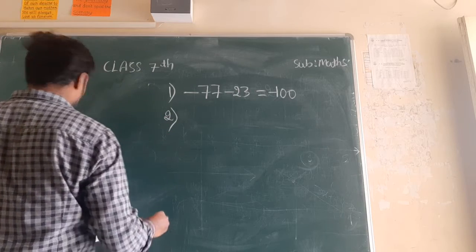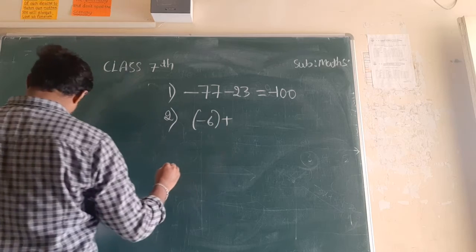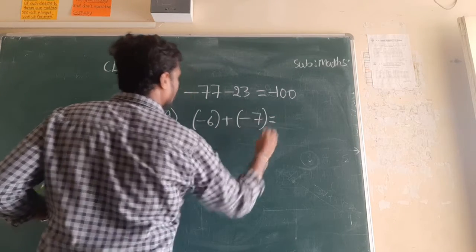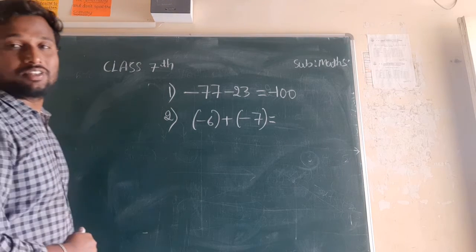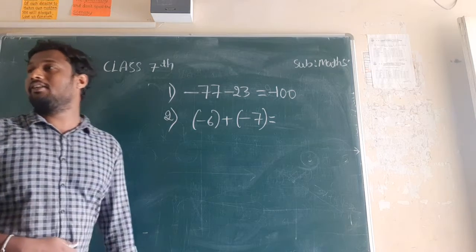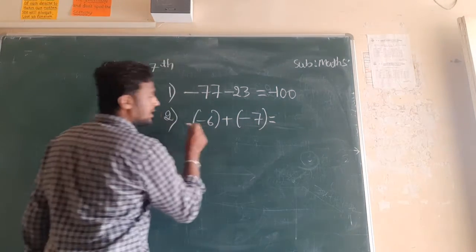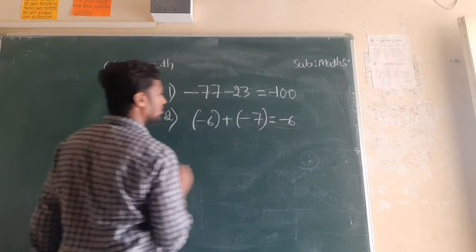from your textbook. Minus 6 plus into bracket minus 7. Minus 6 plus into bracket minus 7. So how to calculate these types of problems? Here minus 6, there is no symbol, so directly I will write minus 6 only.